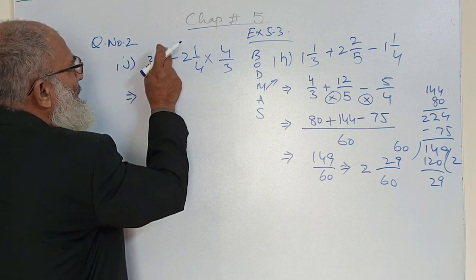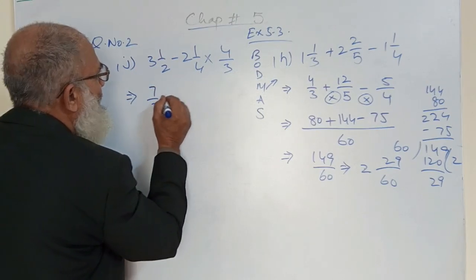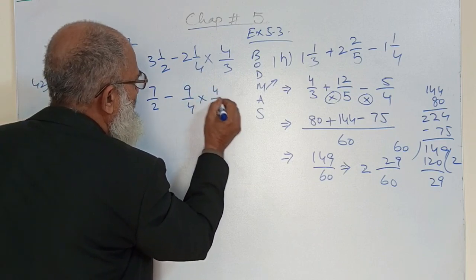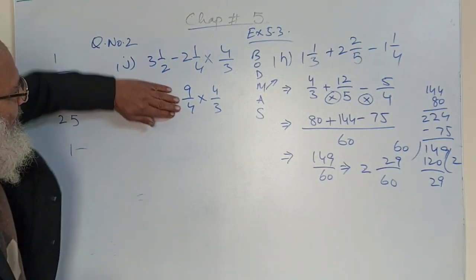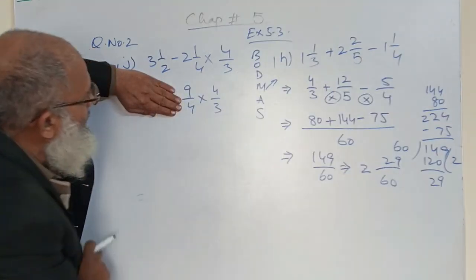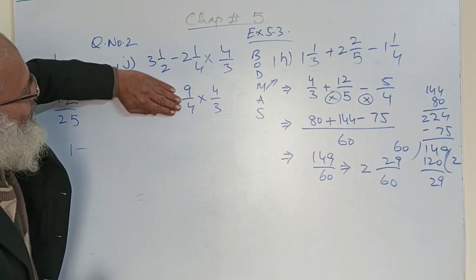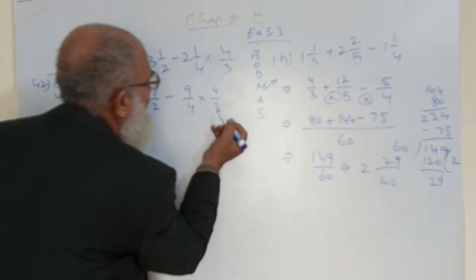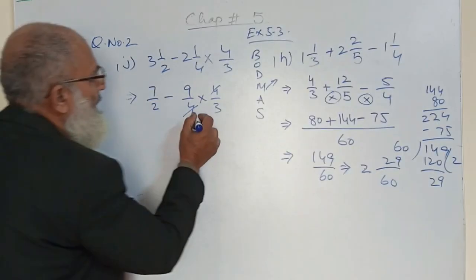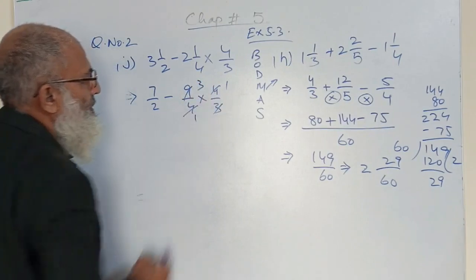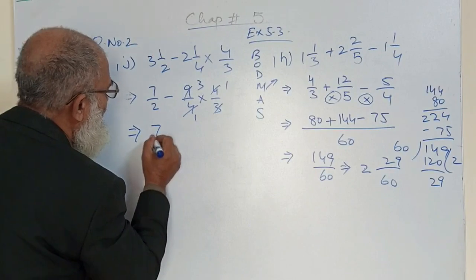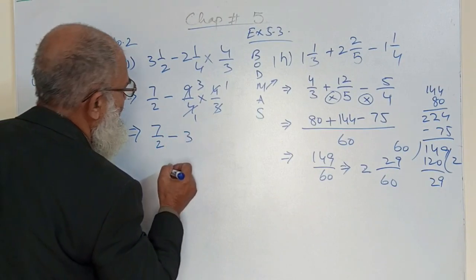3 half is 7 upon 2, minus 2 quarter is 9 upon 4, multiplied by 4 upon 3. Just forget this, and you are only left with these two fractions, which are very easy. Cross-cancel: 4 1 times 4, 1 times 3, and 3 3 times. Now what is left is 7 by 2 minus 3.